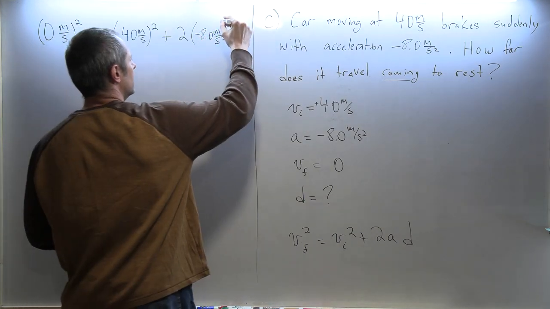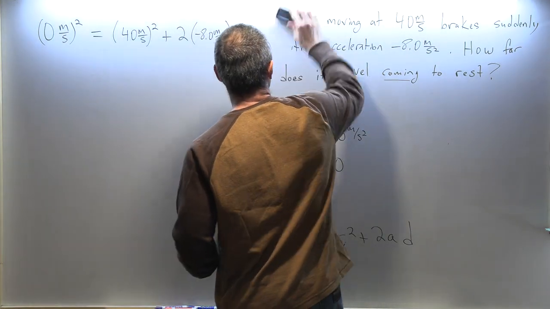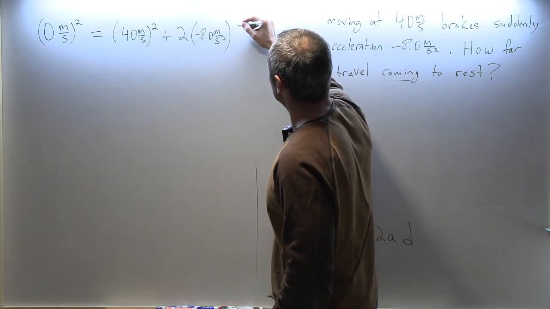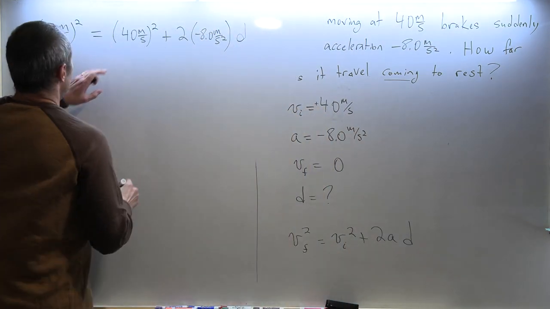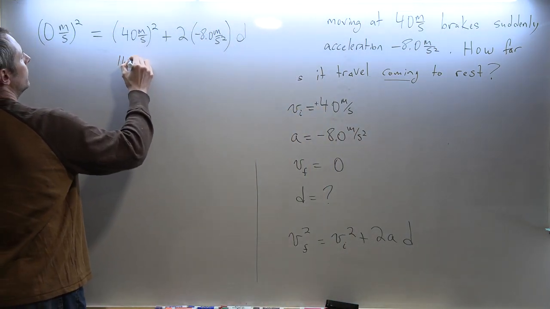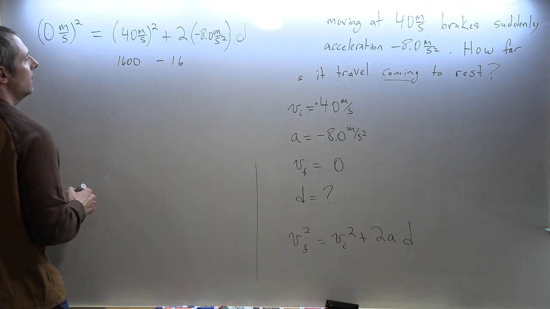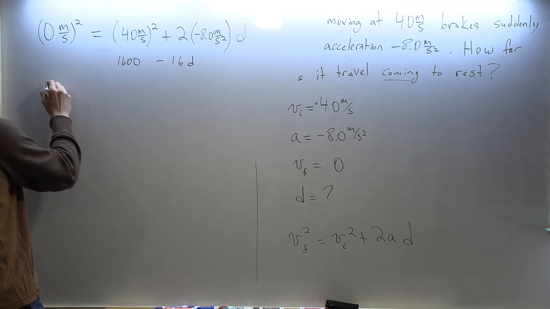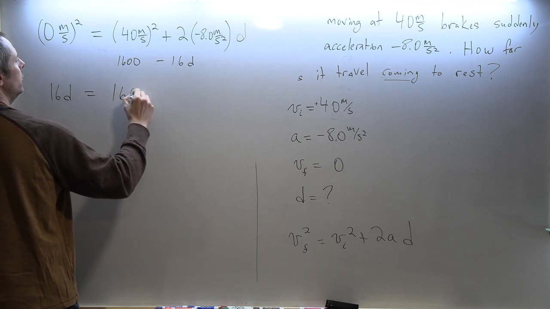Uh-oh. Need a little more space here. And the distance is what we're looking for, right? So this is 1600. And this is -16d. So I could add the 16d to the other side and have 16d equals 1600.